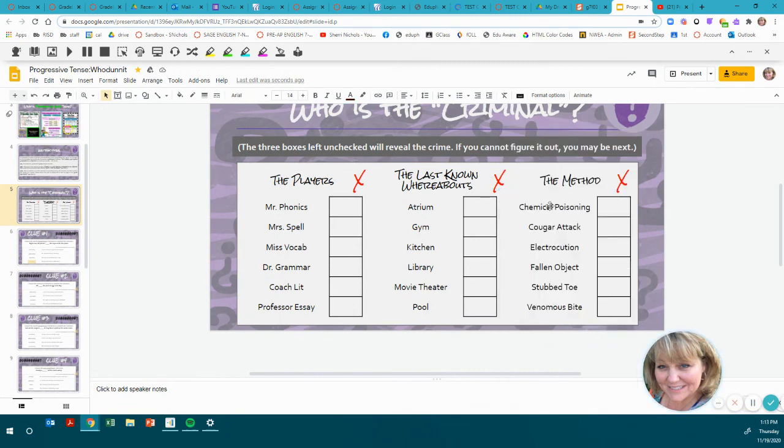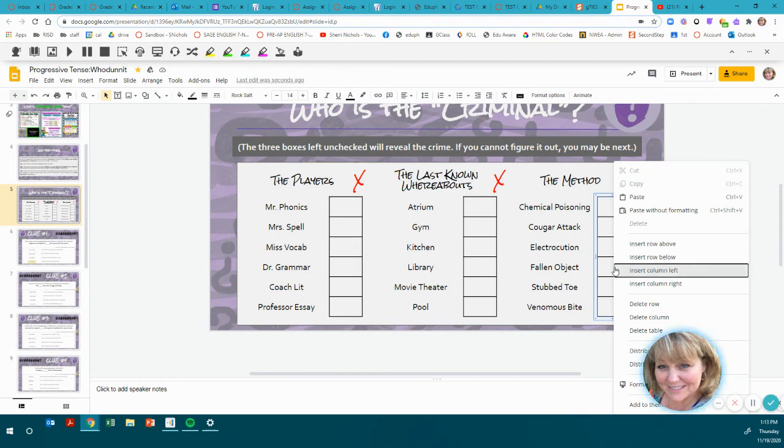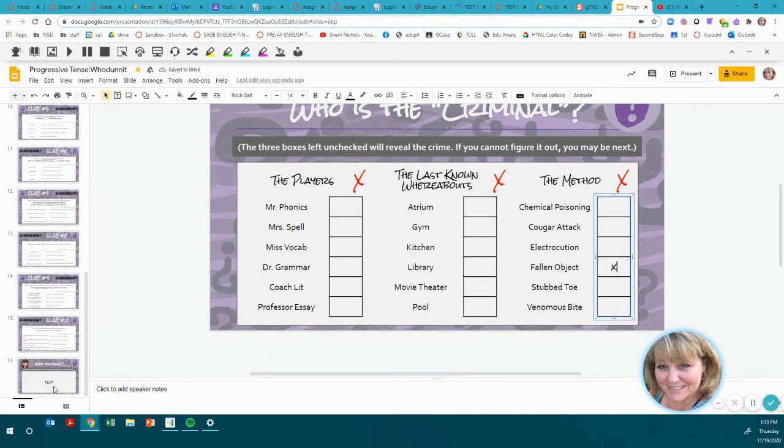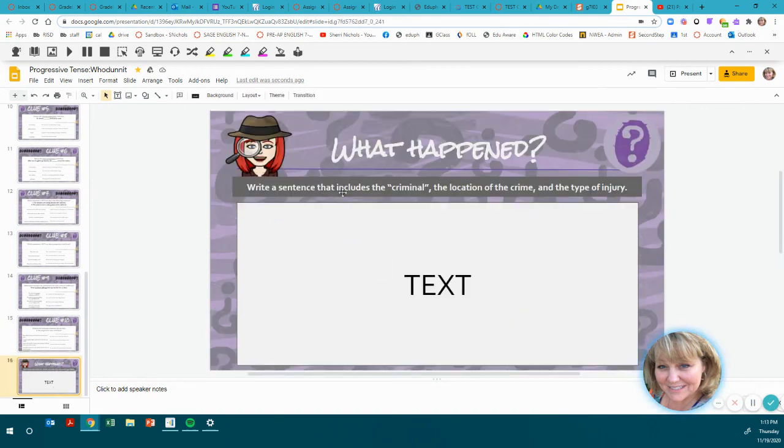Well, you can copy and paste it, or you can just put your own X in there. It doesn't matter. You can type your own X in there. You can do that. All right. And when you're finished and you have all the clues, don't forget to write a sentence that includes the criminal, the location of the crime, and the type of injury based upon what is left.